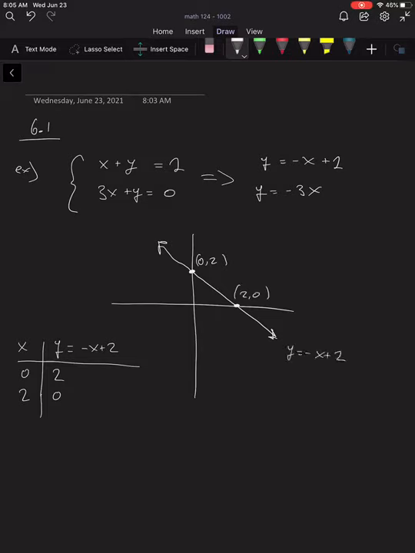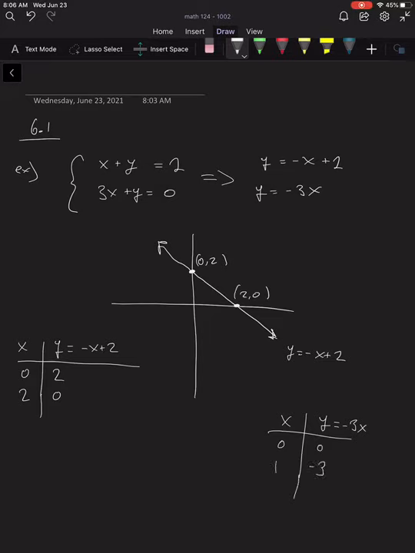Now let's make another xy table for the other line. If we plug in x as 0 here, we get 0. If we plug in x as 1, we get minus 3.